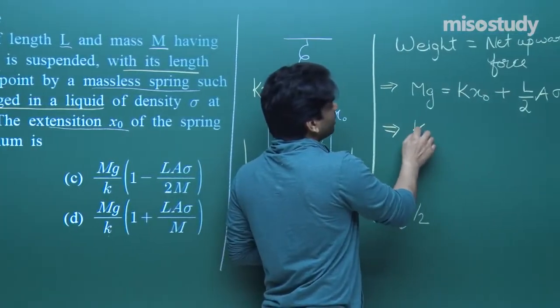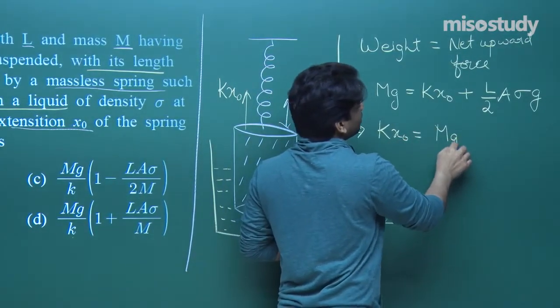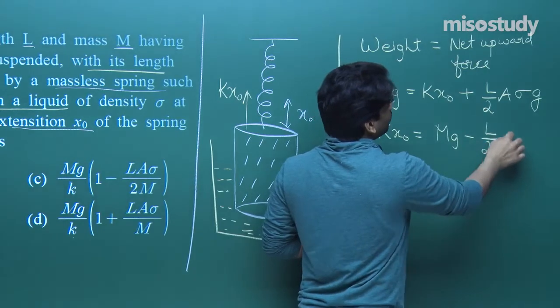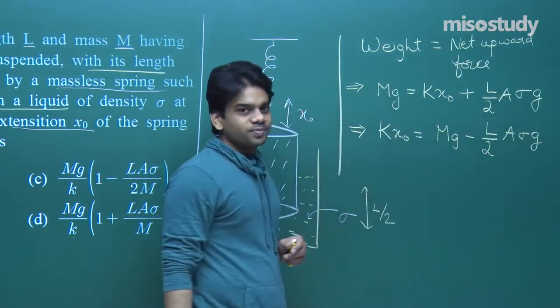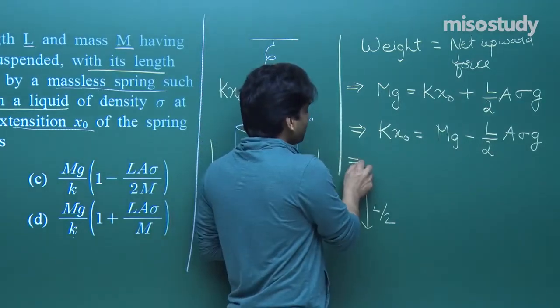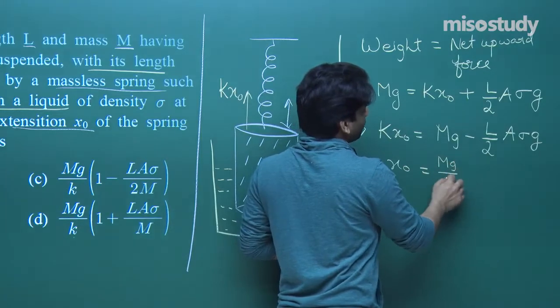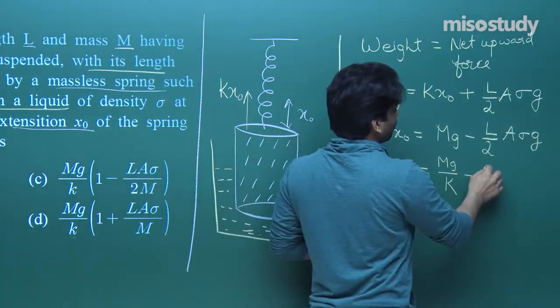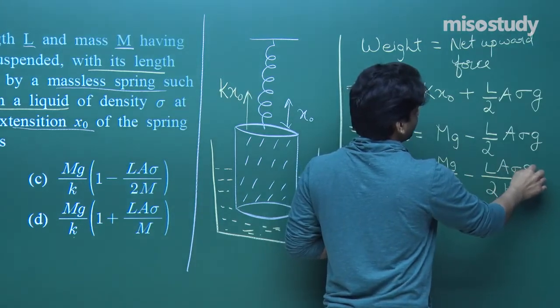If I make the subject kx naught, this will be written as mg minus L by 2 a sigma g. This is what we are going to get. Finally, x naught, if we write, that will be equal to mg by k, and here you can write L by 2k a sigma g.